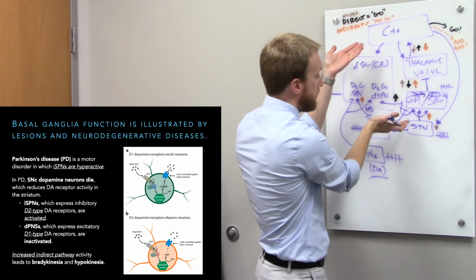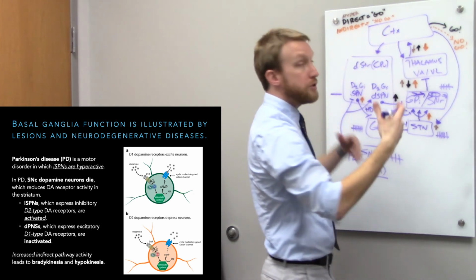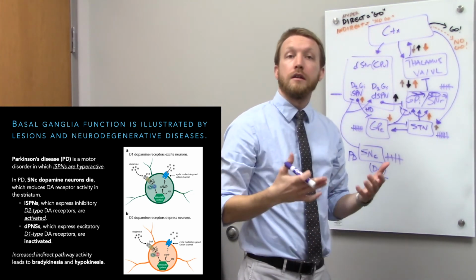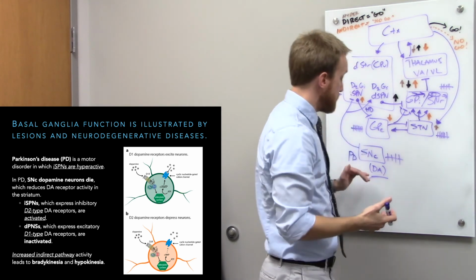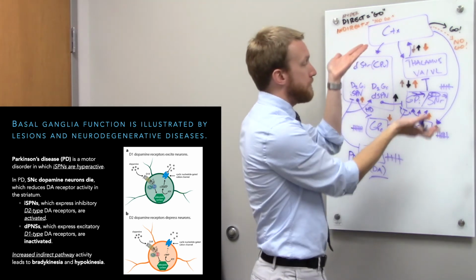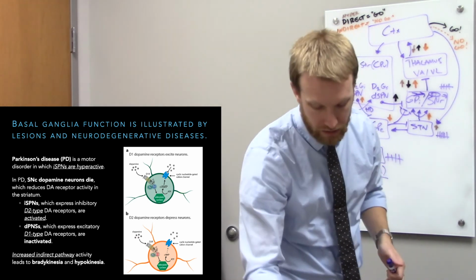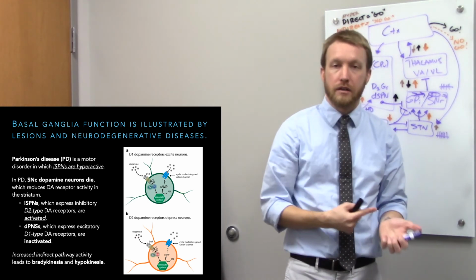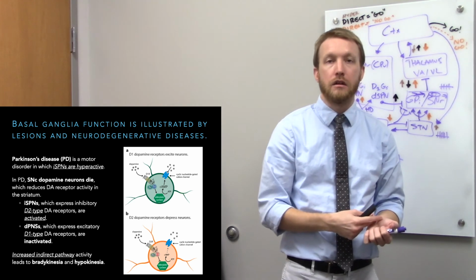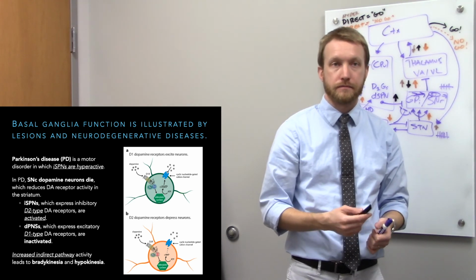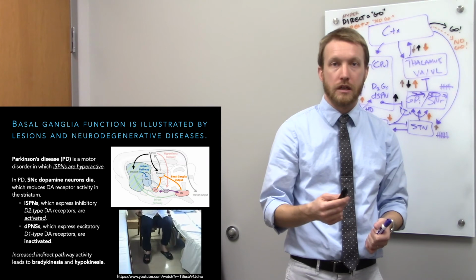So we get a burst of dopamine, we get a burst of direct, and we do stuff. In PD, the loss of dopamine makes us unable to get that burst of direct pathway output, so we can't initiate movements. And that's what explains the bradykinesia and akinesia in Parkinson's disease, just like we saw a few slides ago.